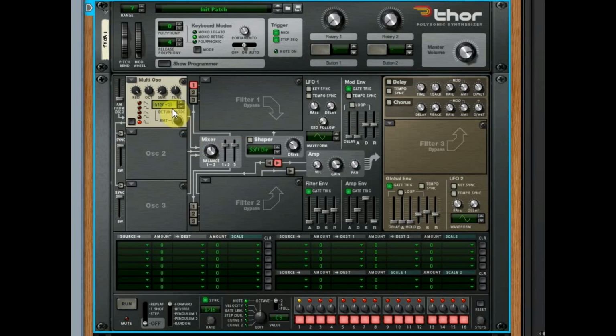And as you're moving, it's kind of adding more harmonics. So linear. And it sounds linear, you can hear it.